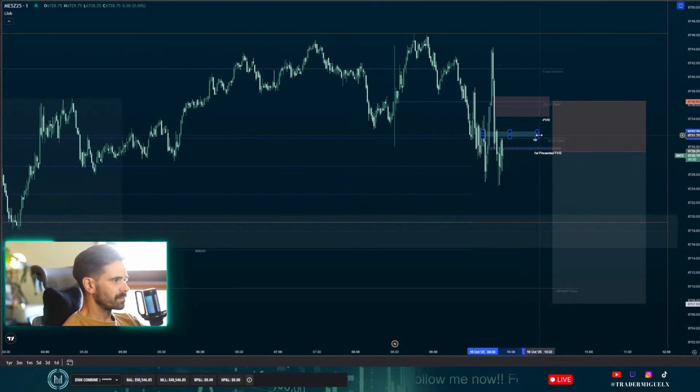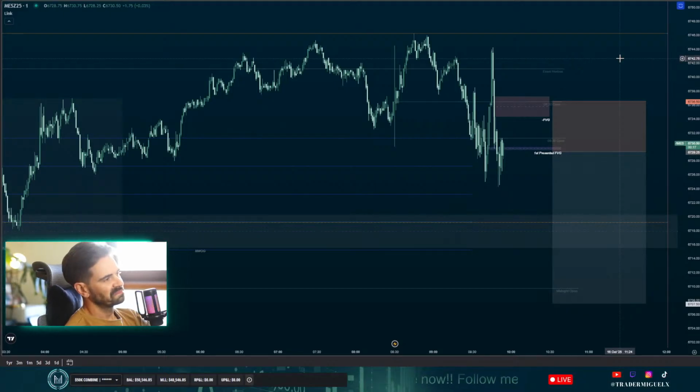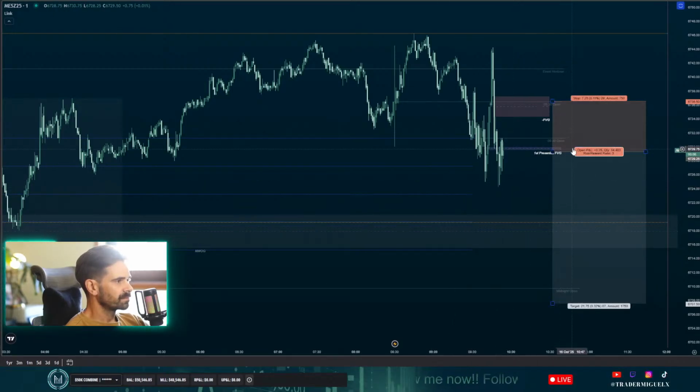No, at this point, this breaker makes no sense being here. Not that clean of an open here on ES, but I kind of like how we were not able to close above 9:30.